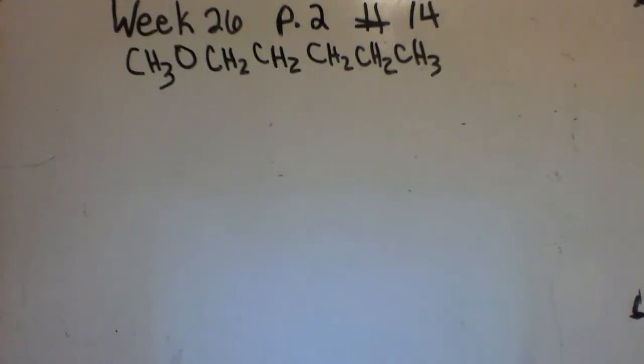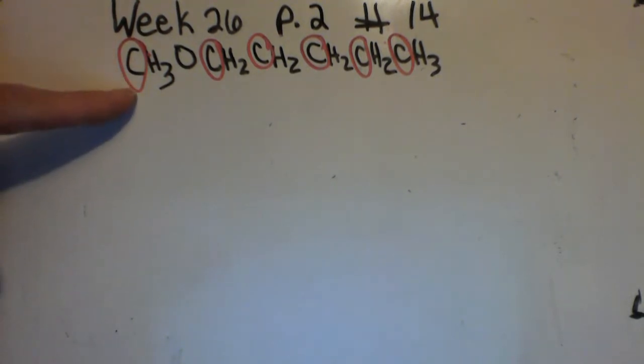This is week 26, page 2, number 14. What is the IUPAC name and the common name for this condensed structural formula? The first thing I'm going to do here is circle all of the carbons. Now I'm going to try to identify what is bonded to each carbon.